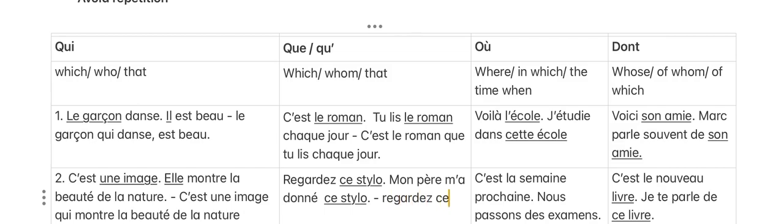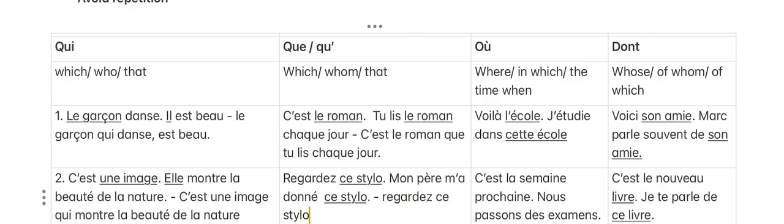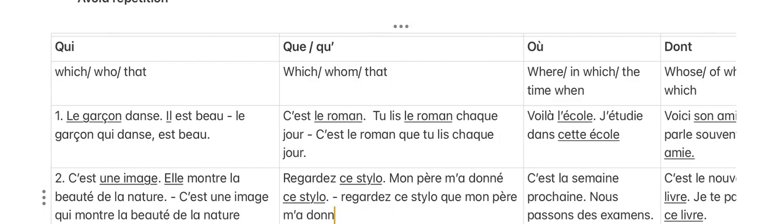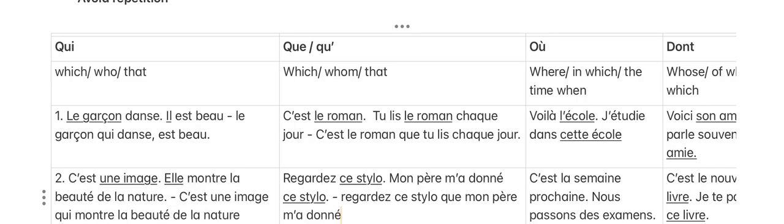Regardez ce stylo que mon père m'a donné. Regardez ce stylo que mon père m'a donné. Look at this pen that my father gave me.